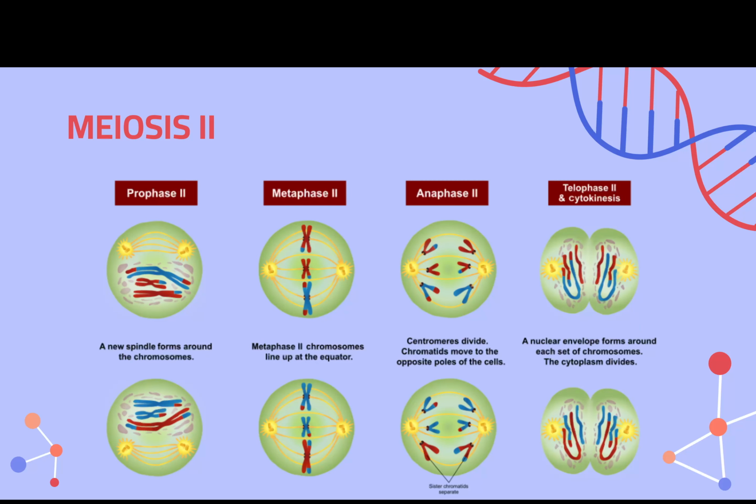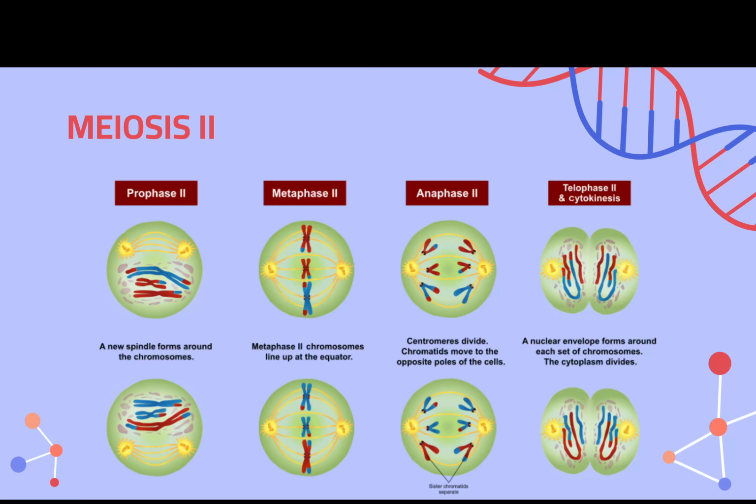In prophase 2 of meiosis 2, a new spindle forms around the chromosomes. Like I said, the nuclear envelope doesn't really form, so the chromosomes are just there, and the centrosomes go to the opposite poles of the cell.